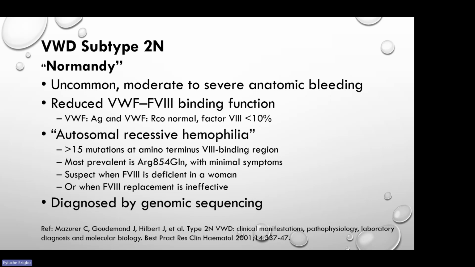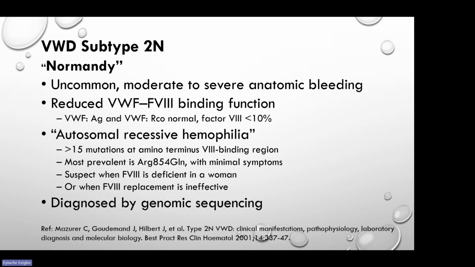Okay, subtype 2N. We are just trying to describe these types of von Willebrand diseases briefly, and how to distinguish each one from the other. Normandy, also called Normandy, is quite uncommon, presenting with moderate to severe anatomic bleeding also.